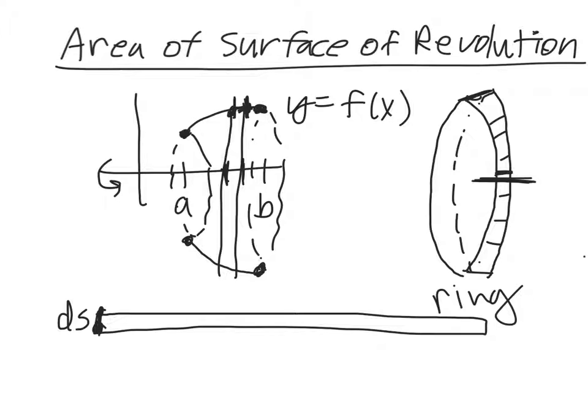But now, what's the length of this rectangle after we've sliced out the ring, chopped the ring off, and laid it out flat? What would the length be represented by? AB?